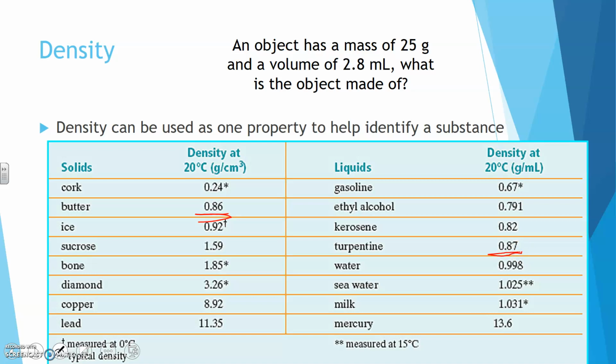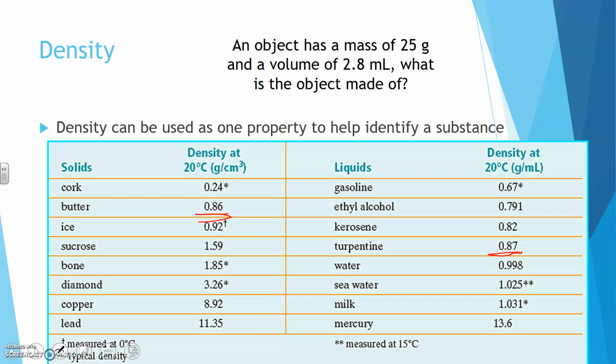Those are really close, and that is not a mistake that you would want to make. That could end up very, very badly for you. So you don't just want to go off of one property. But with this, we're just going to be focusing on identifying a substance using its density.